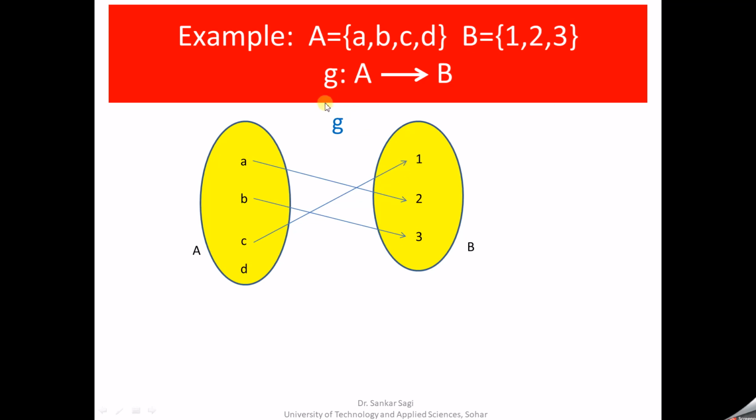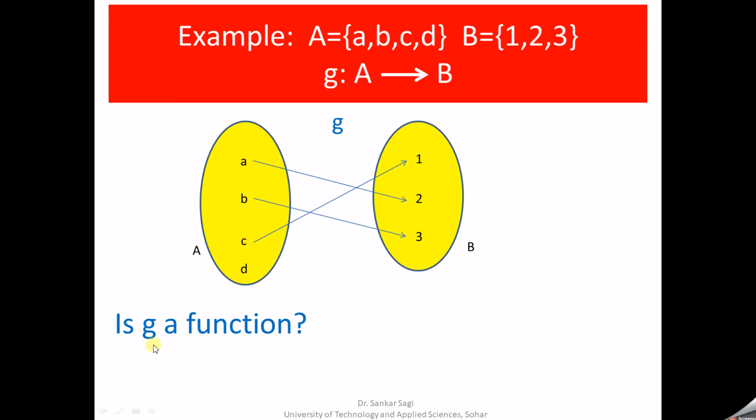Now let us check whether G is a function or not. If we verify the conditions of a function, each element of the first set should have images in the second set. So here a, b, c, the three elements have images, but the element d has no image.